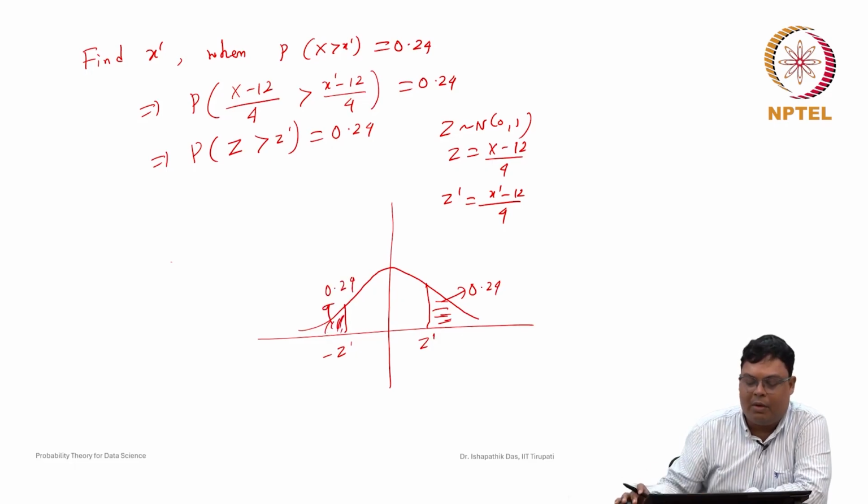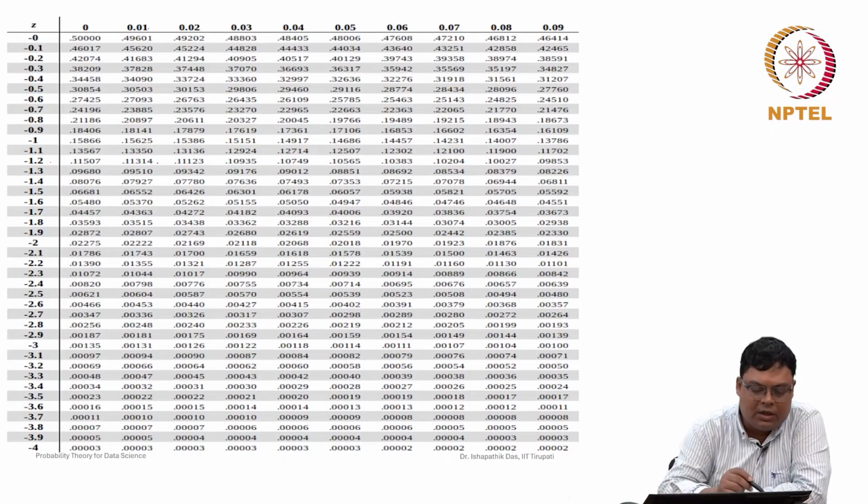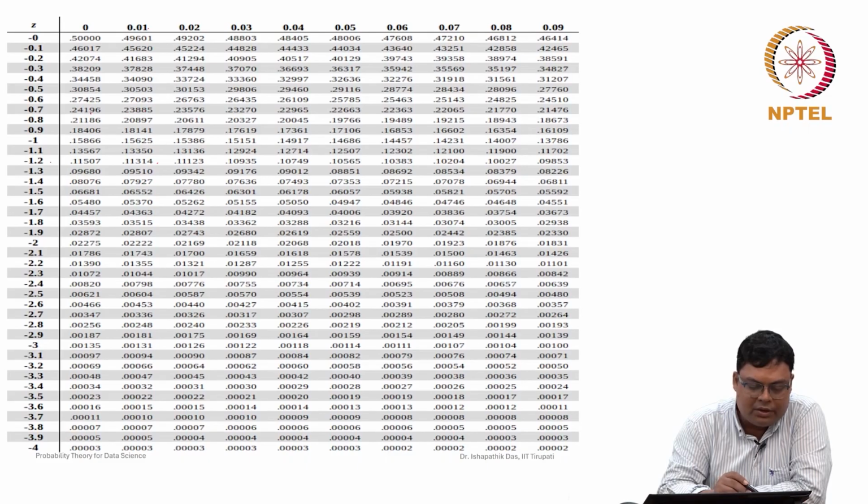From the table we have to find it by inverse lookup: we have to find the probability 0.24 such that z dash corresponds to this value. So, where is 0.24 appearing? Maybe here, 0.23885, and this is 0.24.